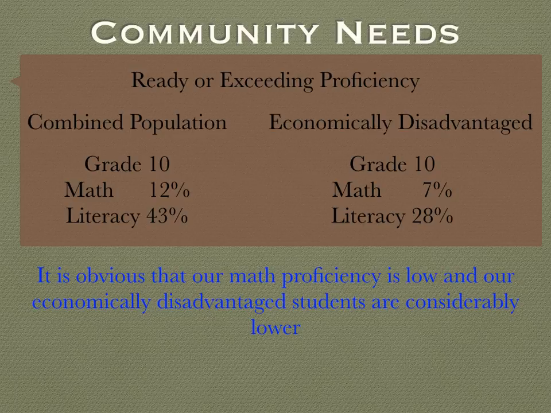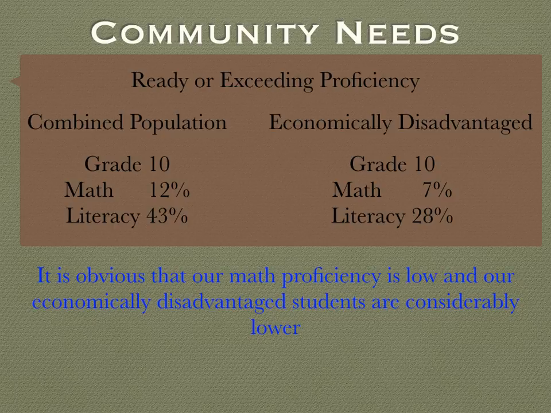And then I looked at our economically disadvantaged students. They are at a disadvantage of 7%. Only 7% of our economically disadvantaged students meet the criteria on the end of year math assessments.